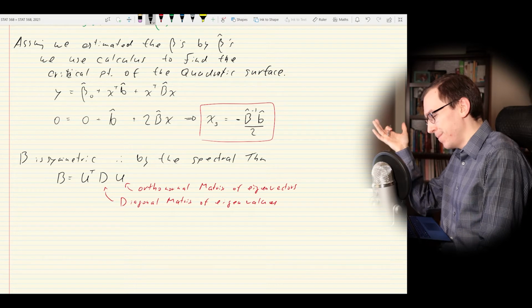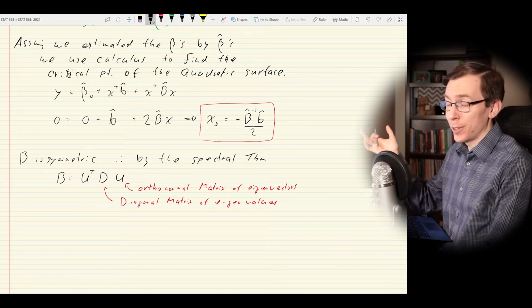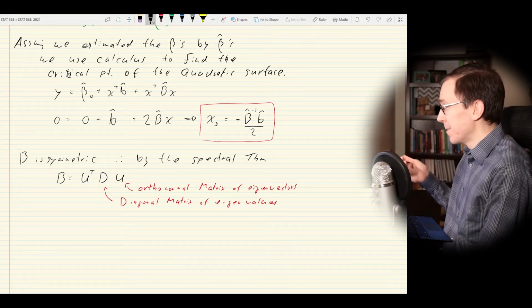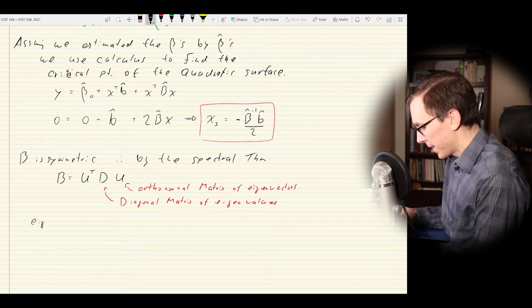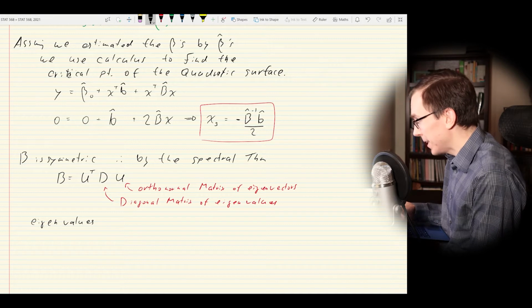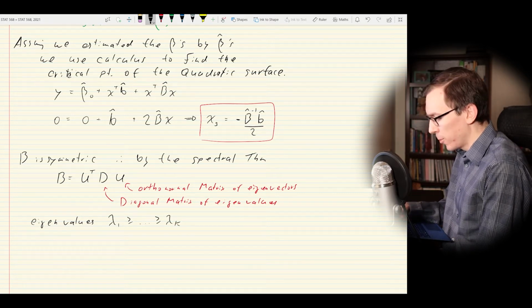The spectral theorem says that we get these orthonormal matrices out, and furthermore, the eigenvalues are all going to be real. And that's good, because the eigenvalues are going to be important. We're going to denote them as lambda 1 less than or equal to lambda k, so we're going to put them in order.